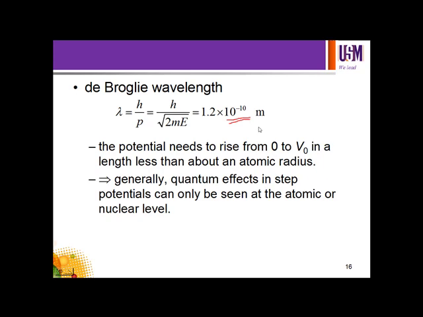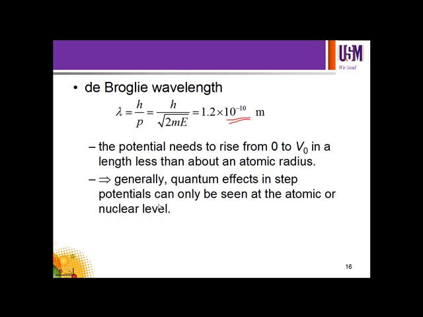So the potential needs to rise from 0 to V naught in a length less than about an atomic radius, because the atomic radius is about this size, or even sometimes up to 10 to the negative 12. Generally, quantum effects in step potentials can only be seen at the atomic or nuclear level.